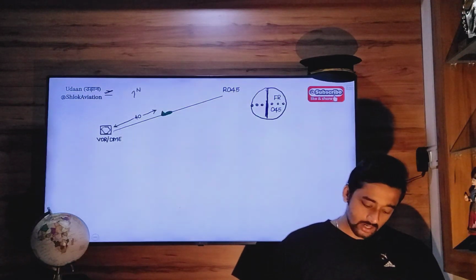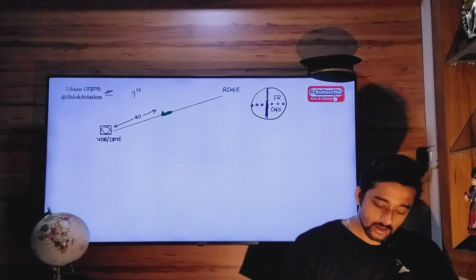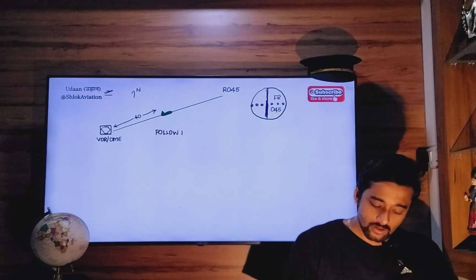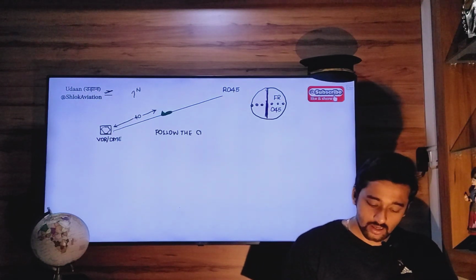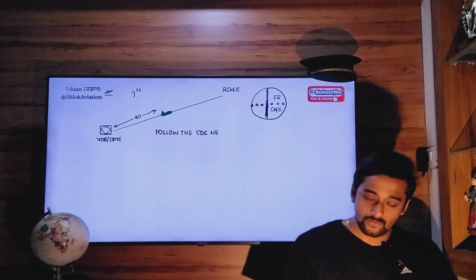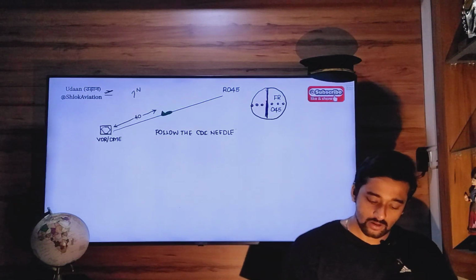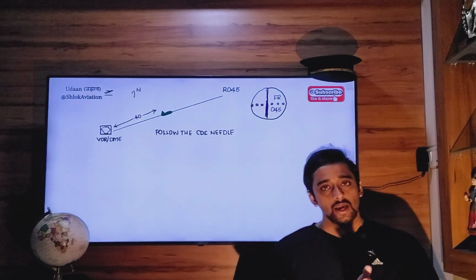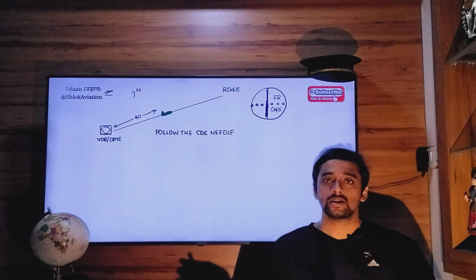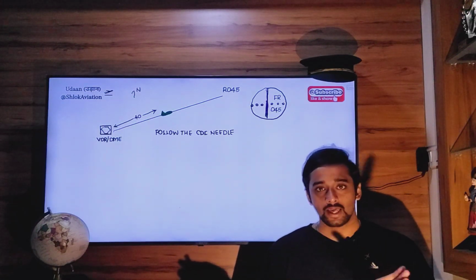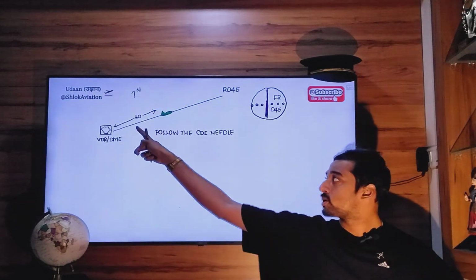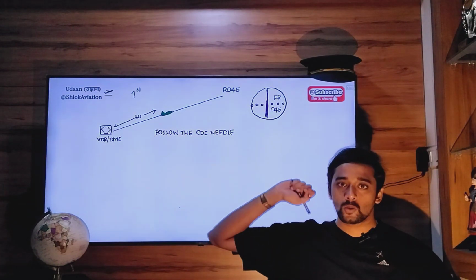The general rule that we follow in VOR navigation is to follow the CDI needle. That means if the CDI needle goes to the right hand side, you turn right. If the CDI needle goes to the left hand side, you turn left, so as to intercept or come back to the original radial that you have selected in the OBS.